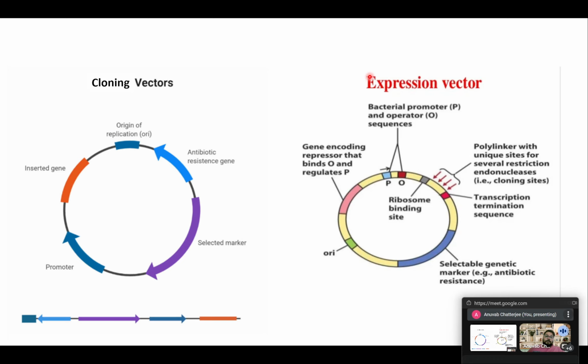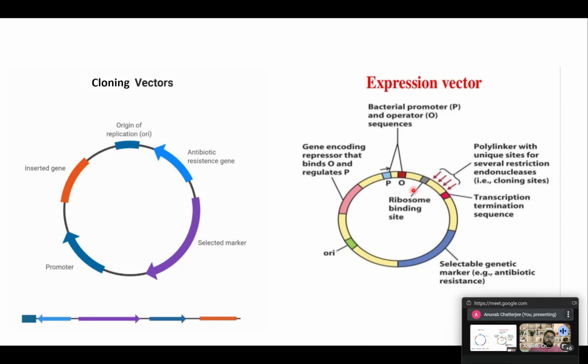So expression vectors typically have some more stuff on top of what the cloning vector has. It obviously has the ORI site, which helps in replication of this expression vector. But the expression vector also generally has a promoter-enhancer system that you can regulate, such as the lac operon that we have studied, where only in the presence of lactose or a synthetic analog of lactose such as IPTG will the protein be expressed.